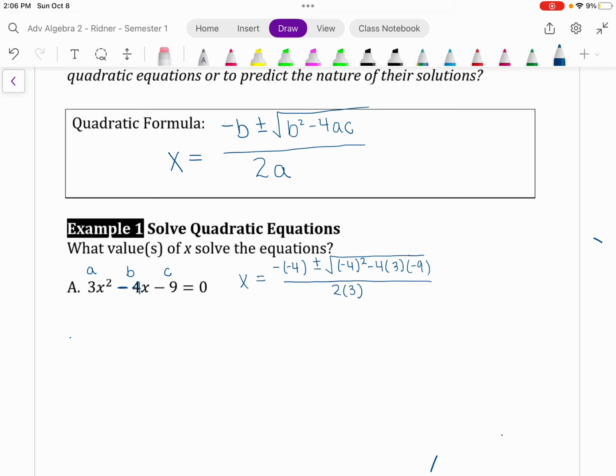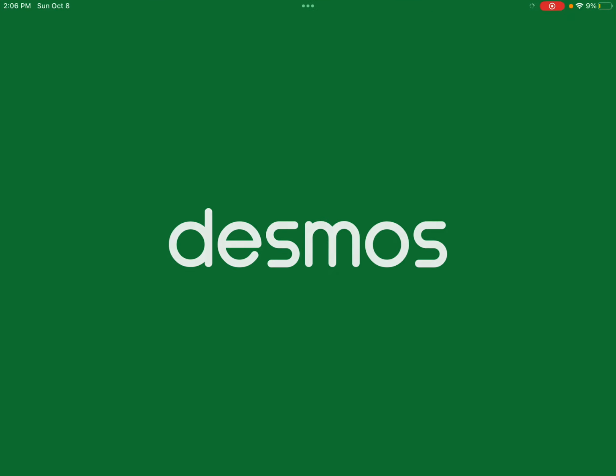All right, from there, we're just using our algebra skills to simplify. So I already said that negative 4 is positive 4. You can use your brain, you can use your calculator, whatever. We're doing negative 4 squared minus 4 times 3 times negative 9. If you want to use Desmos, feel free.